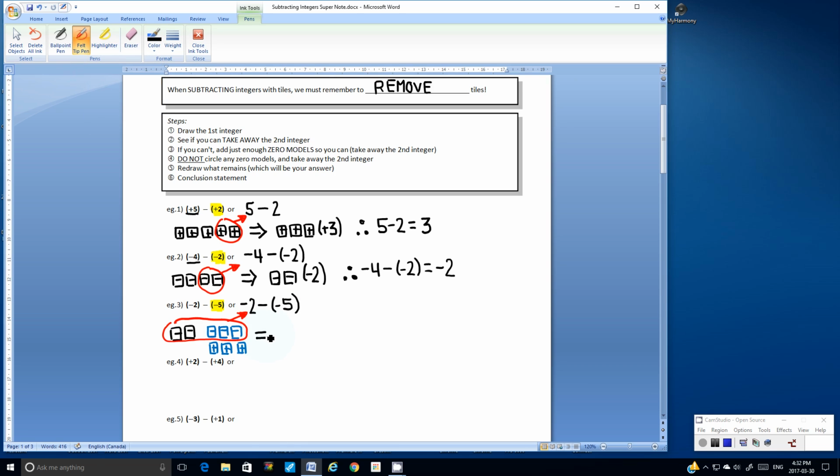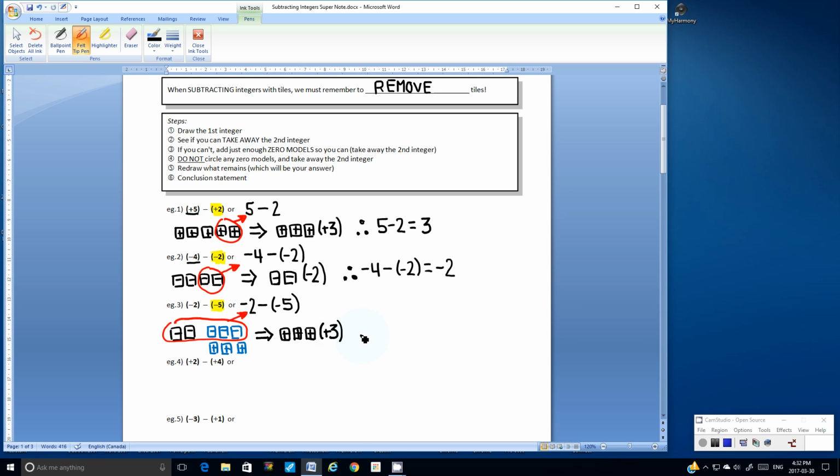I can draw an equal sign or an arrow. So redraw what remains. Well, what remains after you take away the 5 negatives? Well, what remains is 3 positives. So let's draw in our 3 positive tiles. Okay, and then beside it, we can put our integer answer, +3.